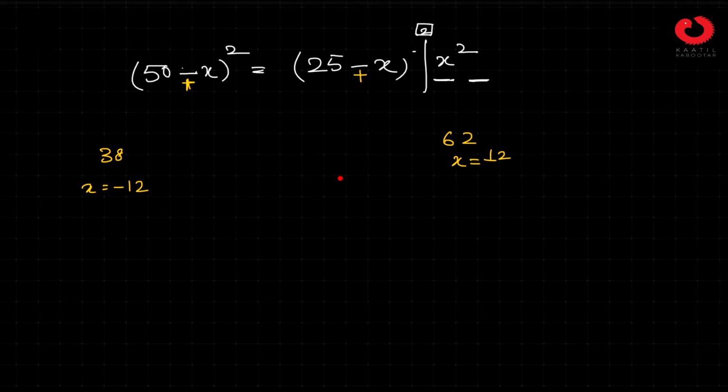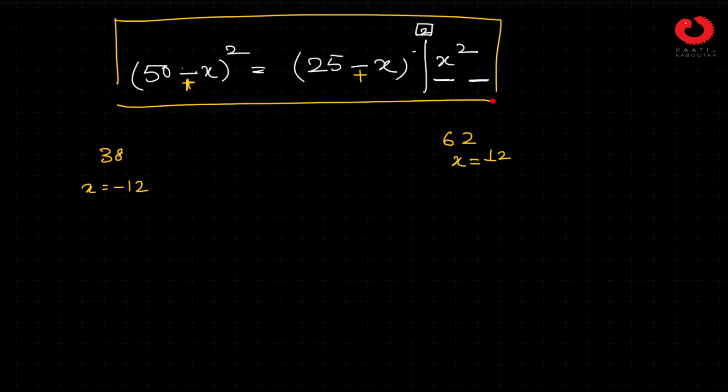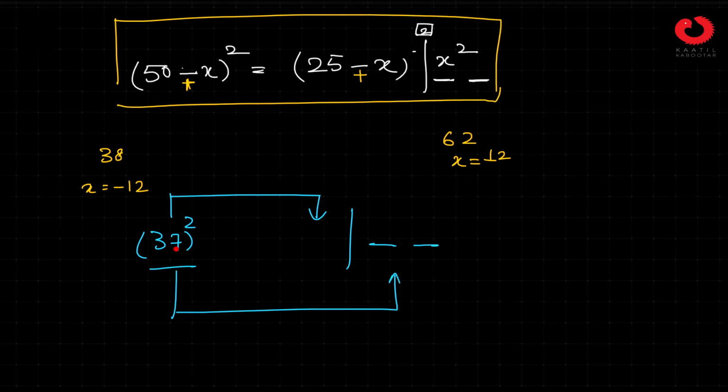Okay, so now let us see how this particular understanding will help us to write the values of squares quickly. Suppose anyone asks me to write the square value of 37, I will write it in two parts. First I will see how far this 37 is from 50. Means if this is 50, this is 37, I will try to find out what this x is.